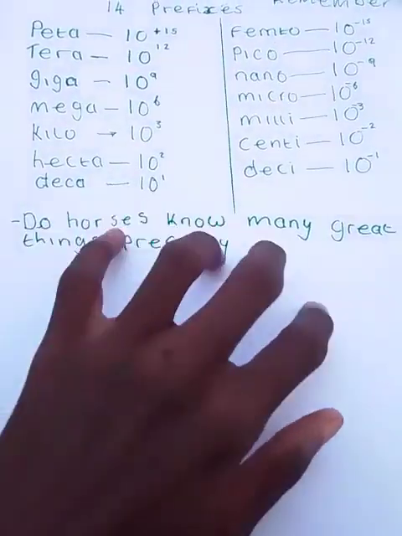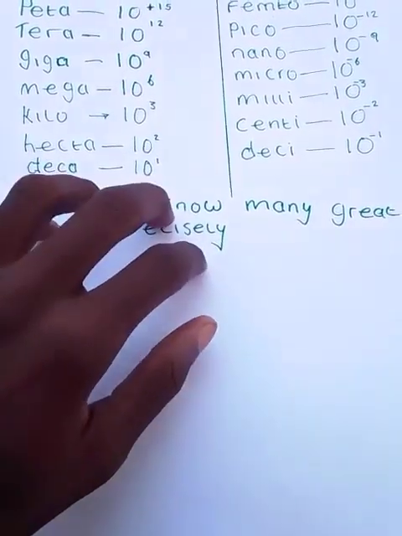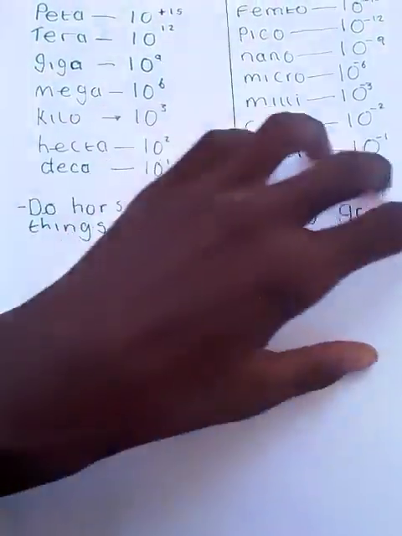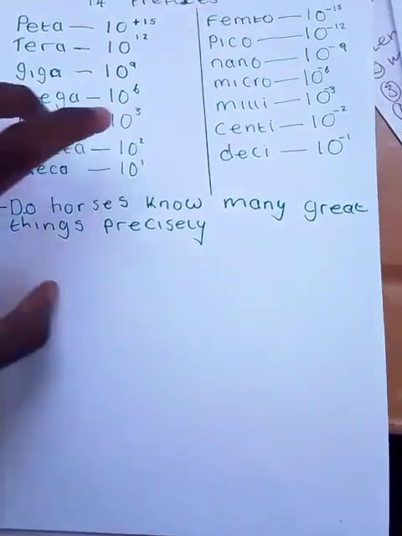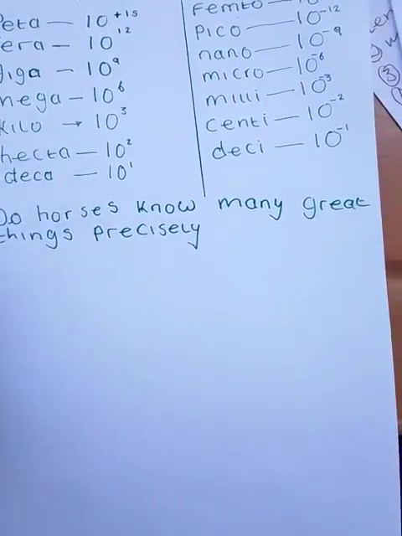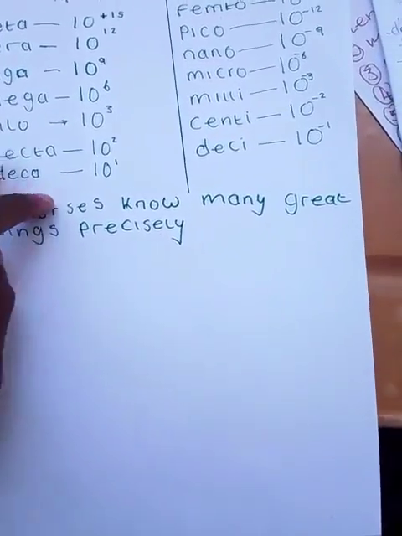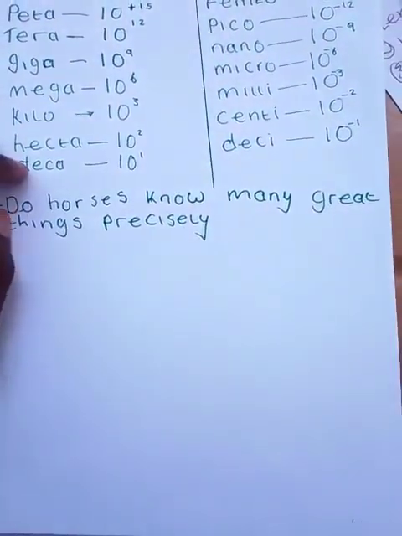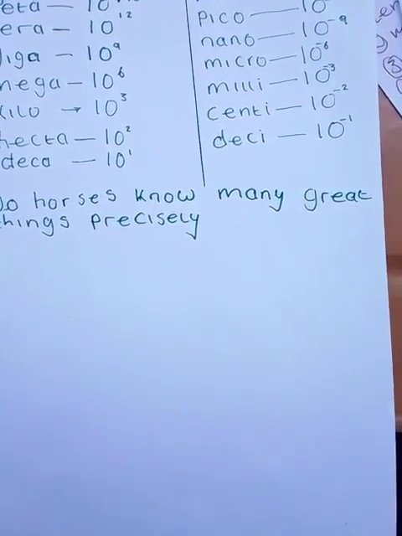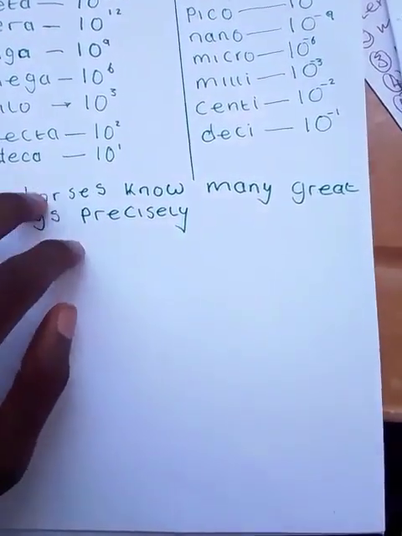So do horses know many things precisely? Now I don't mean that I'm forcing you to know this exactly. If you want, you can master this exactly, but you can also modify it into a way that you easily remember. For instance, where it says horses, maybe you can put your friend Henry. Do Henry know many things precisely? Or anybody else whose name starts with the letter H. You can replace it with horses.